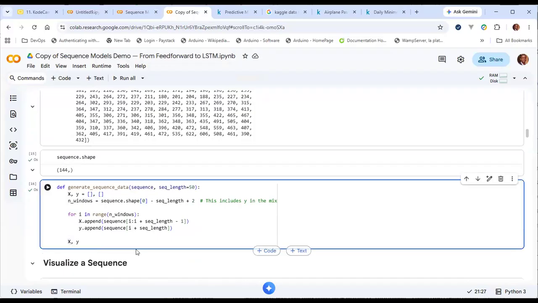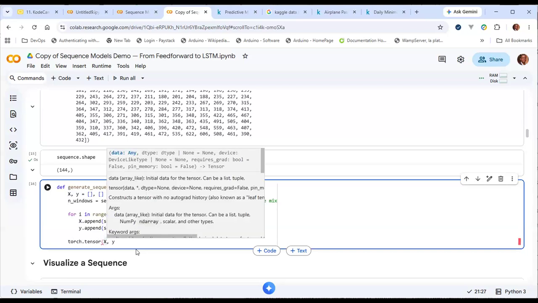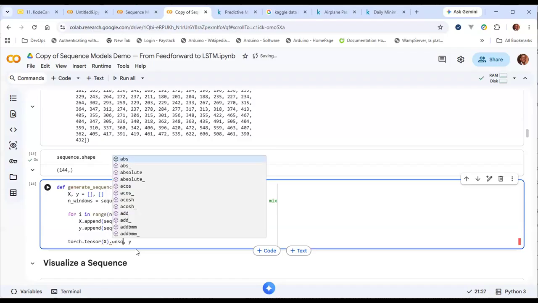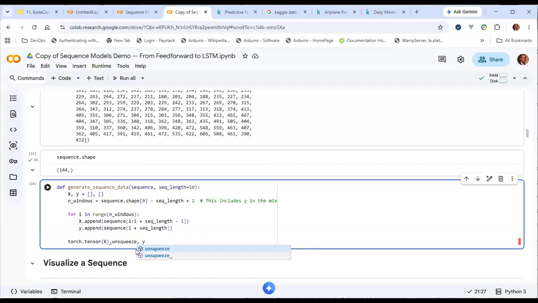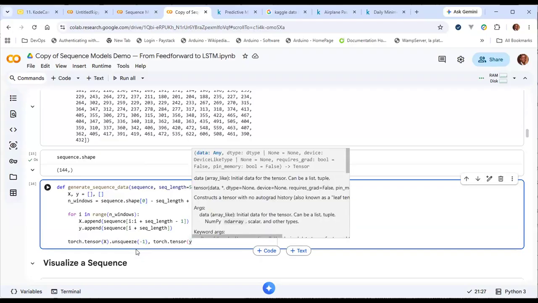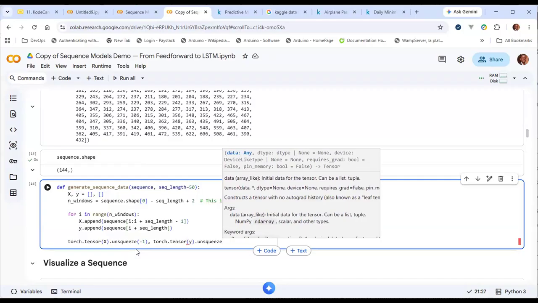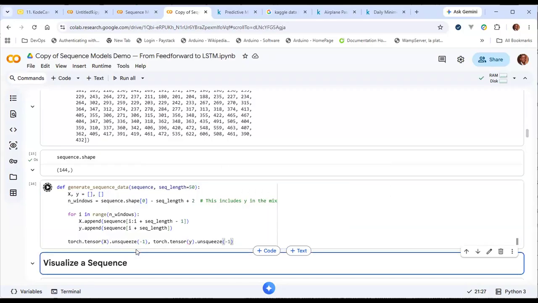So we are going to return torch.tensor(x).unsqueeze(-1), and then torch.tensor(y).unsqueeze(-1). What this does is it allows us to now have that shape.